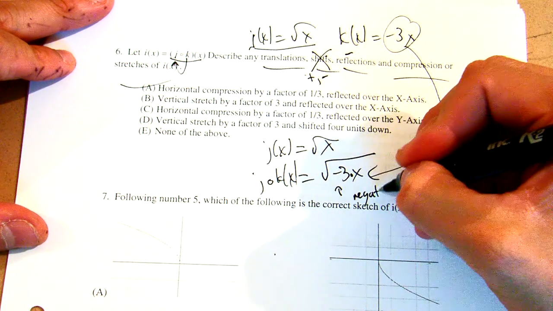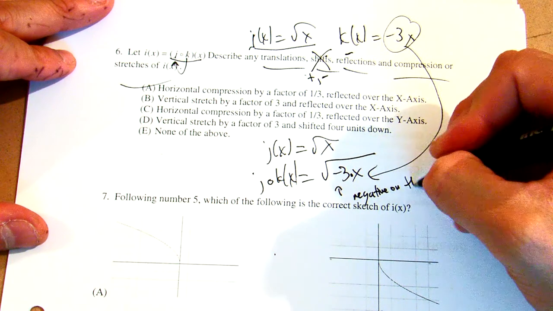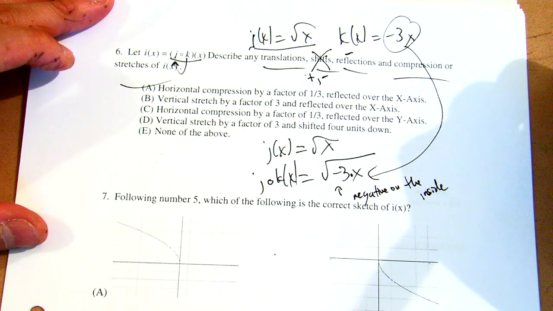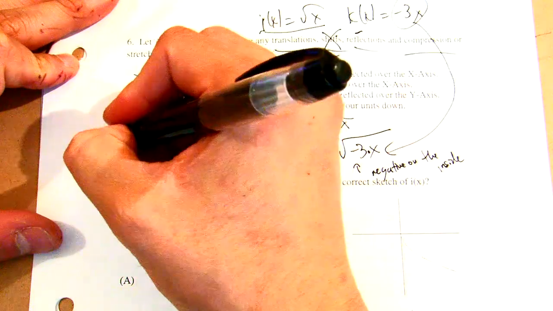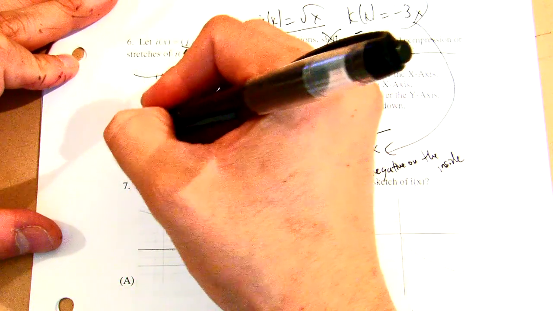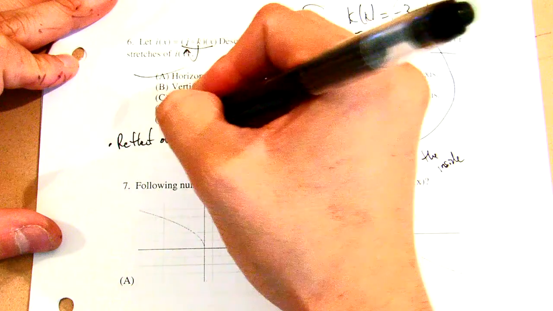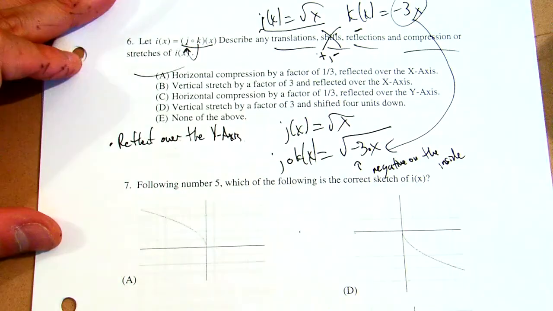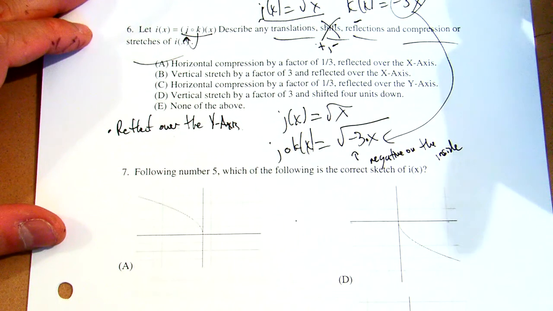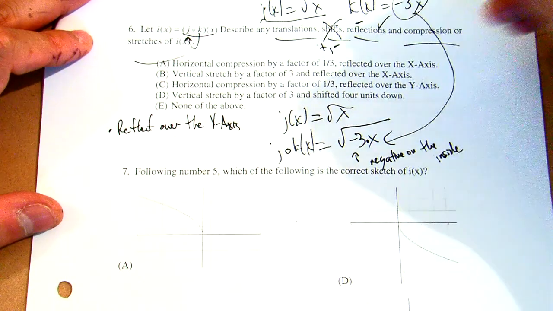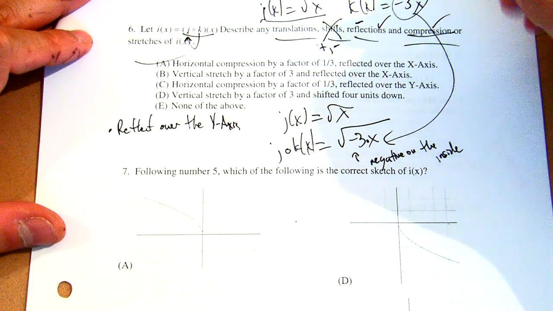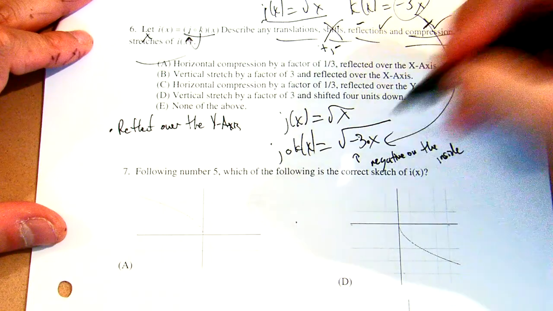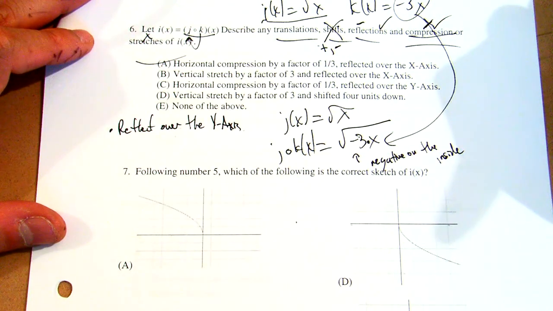This is negative on the inside, which means it's going to reflect over the y-axis. I'm going to write down my little points here. This is going to reflect over the y-axis. And next, reflections is done, and compression or stretch, that's when I have something being multiplied. If you notice, I have 3 times, and the times was on the inside.